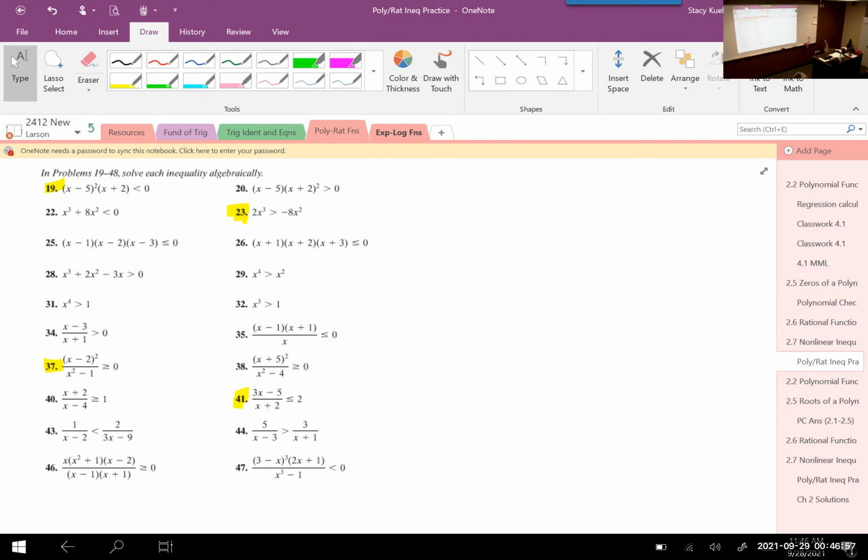What happens if you surround the numerator? That's good enough.